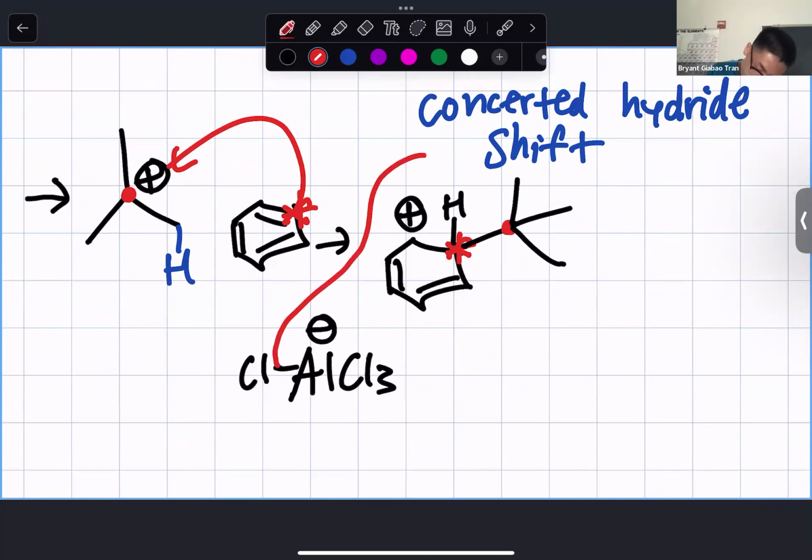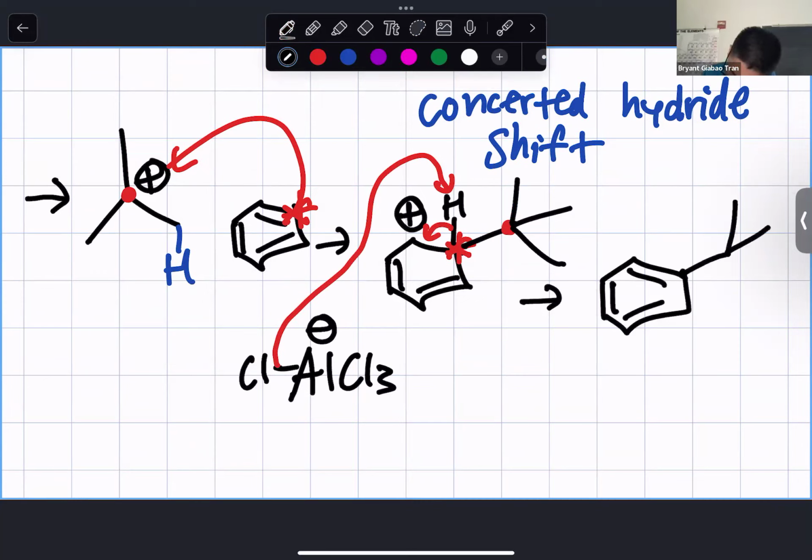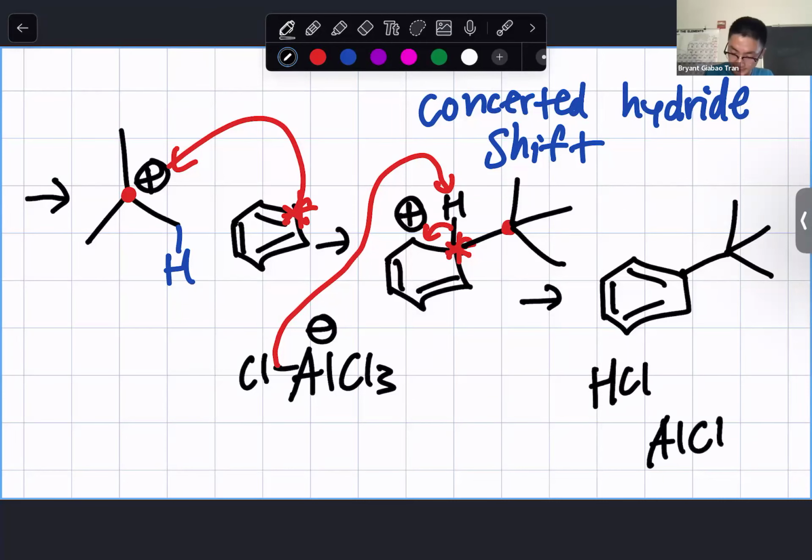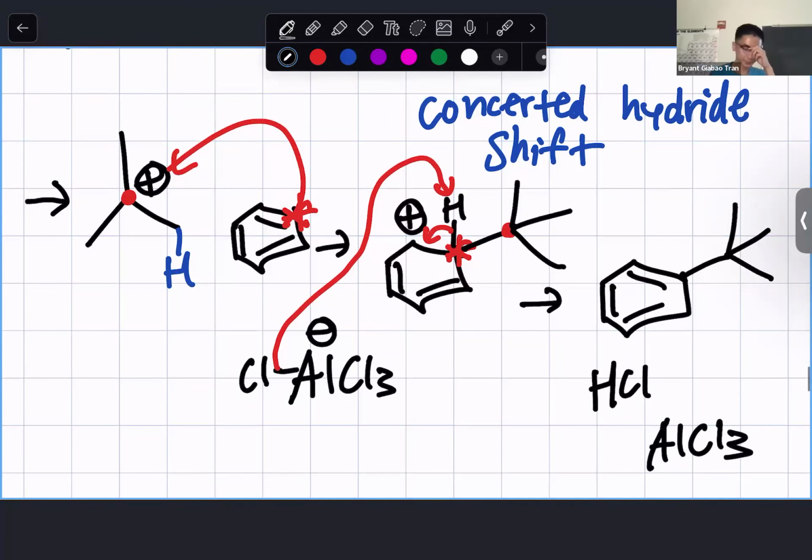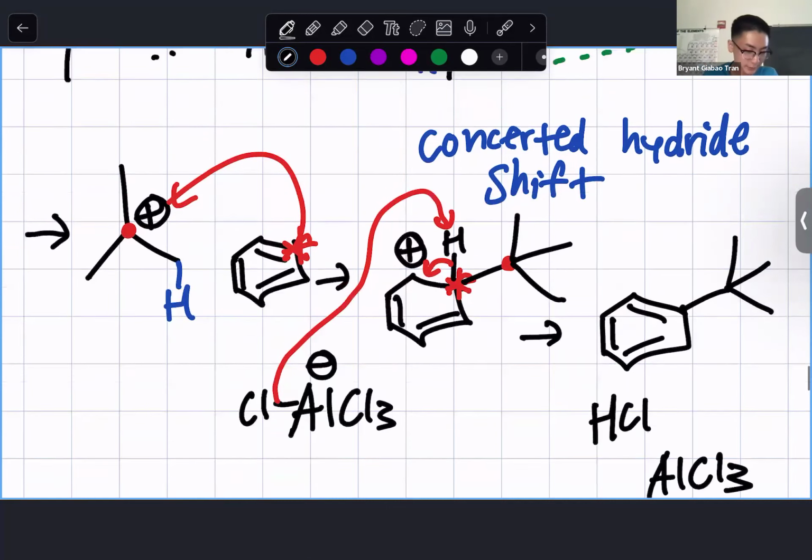This Cl is going to grab that hydrogen, make a double bond there, and give us this reformed aromatic ring, HCl, and the reformed metal catalyst here. So that was the mechanism for Friedel-Crafts alkylation, where there are 3 limitations for this reaction.